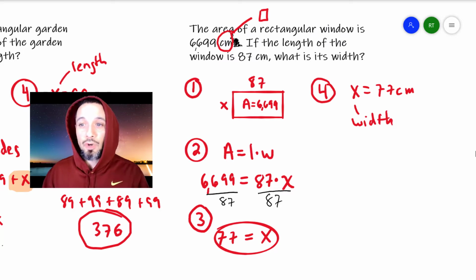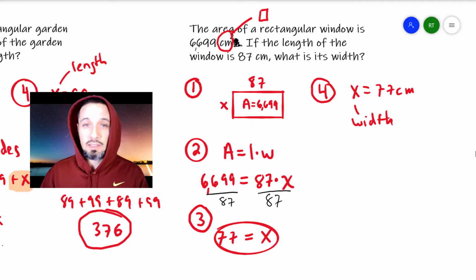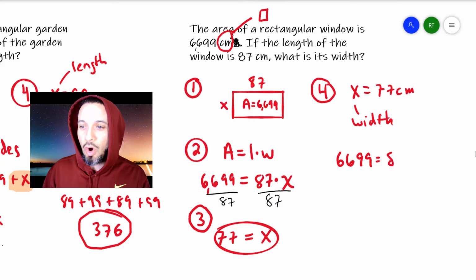So step 4, you want to check your work and see, did you answer the question? What is the width? The width we're saying is 77 centimeters, so we did answer the question. And the only thing left to do is just check your work. So I'm just going to go ahead and use the formula we had before. Area is length times width. I'm going to substitute all the numbers.